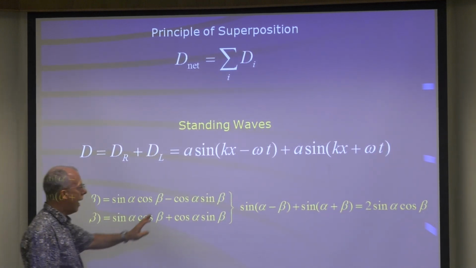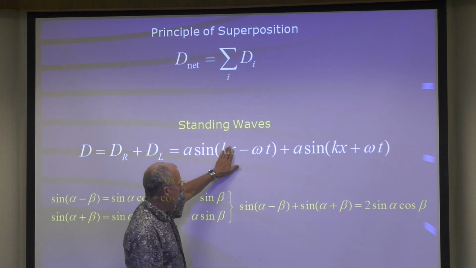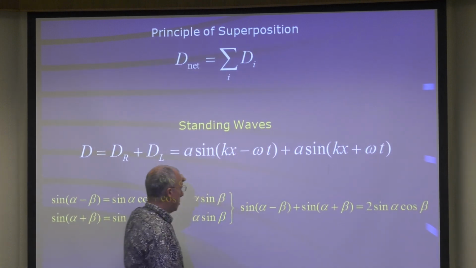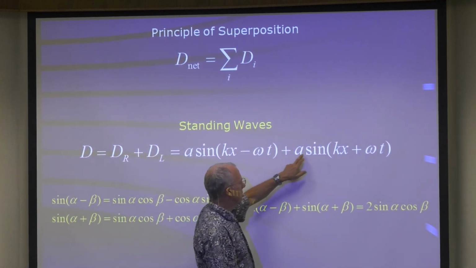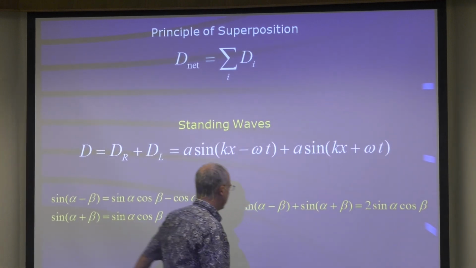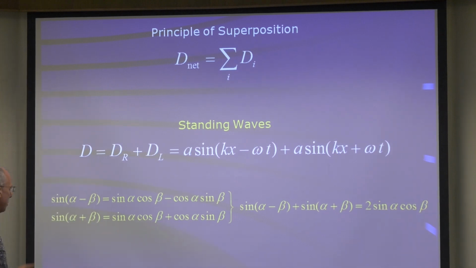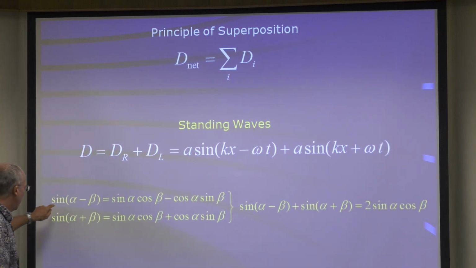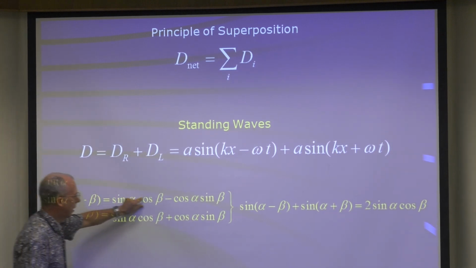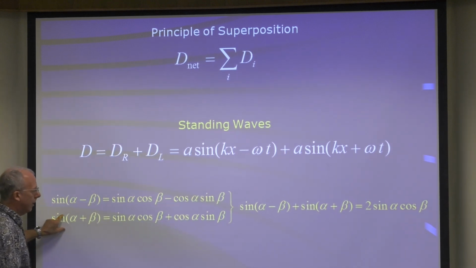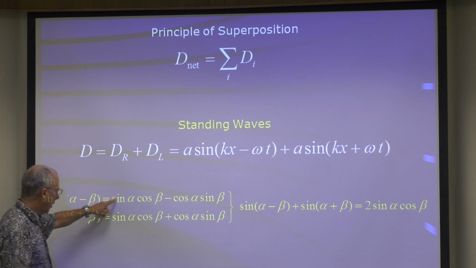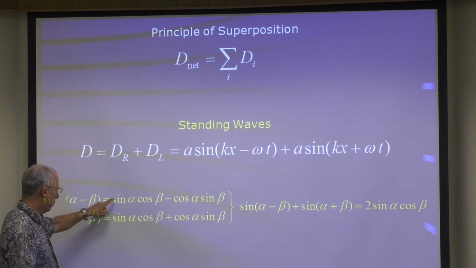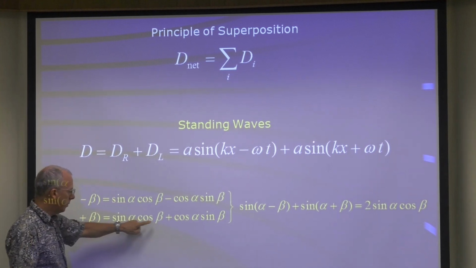Now, this is like your alpha, this is like the beta, right? So what we have is sine(alpha minus beta) plus sine(alpha plus beta). So we're going to have this added to this. Piece of cake. Here, this just adds, so you get 2 sine alpha cos beta.